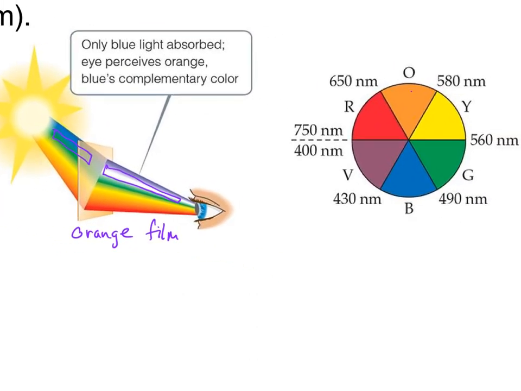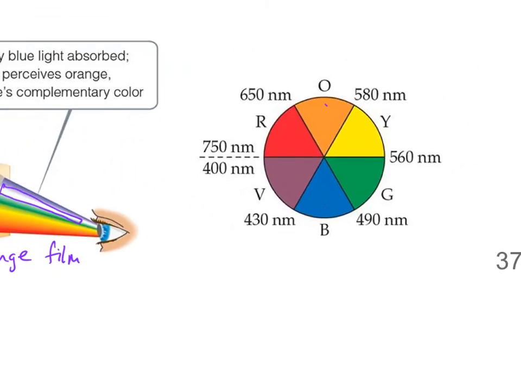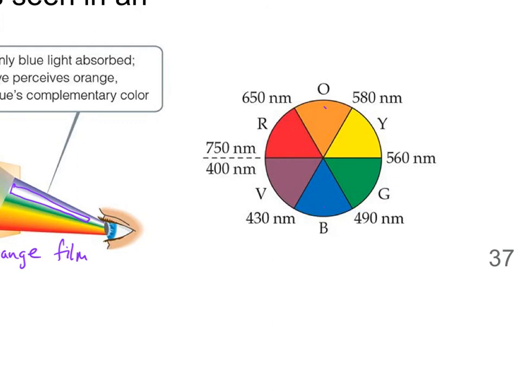I'm sure you've learned this at least one time in your life: orange and blue are complementary colors. So the blue light's being absorbed by the film and we're perceiving the orange color. The color wheel actually does come in useful in this class, so you know your complementary colors, it might come up.